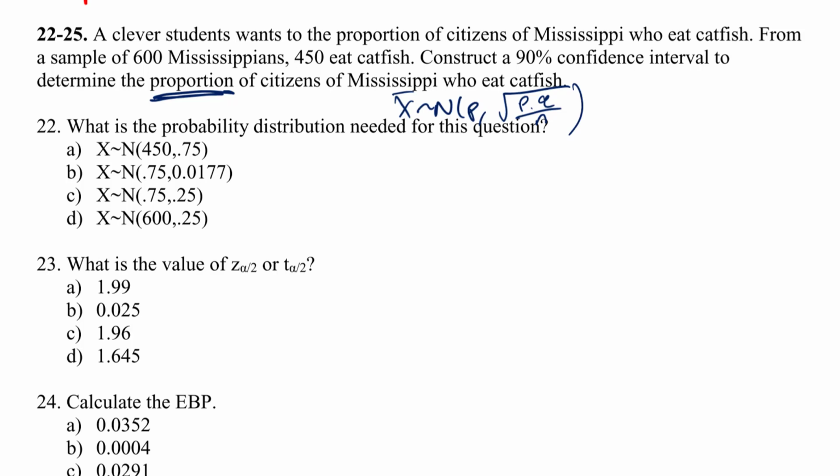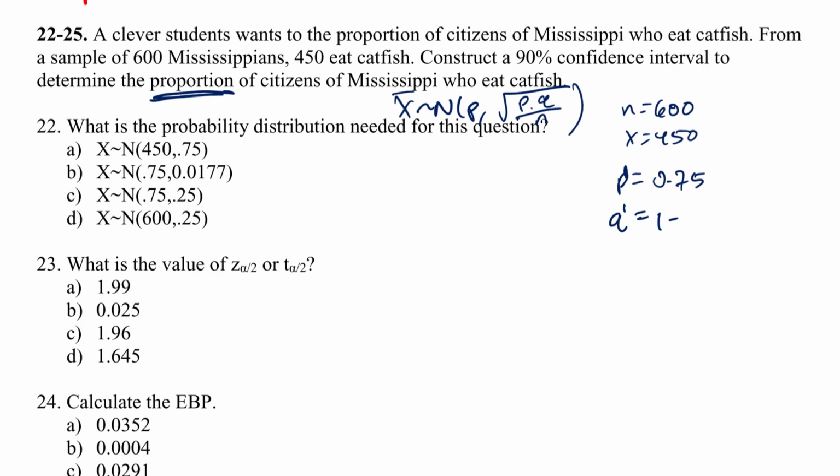Okay, so that means my proportion here was what? Well, I asked 600 people and 450 eat catfish. So here my proportion then is going to be 0.75. All right, so I know that's either going to be B or C. And that's my P prime, by the way, that's my sample proportion.